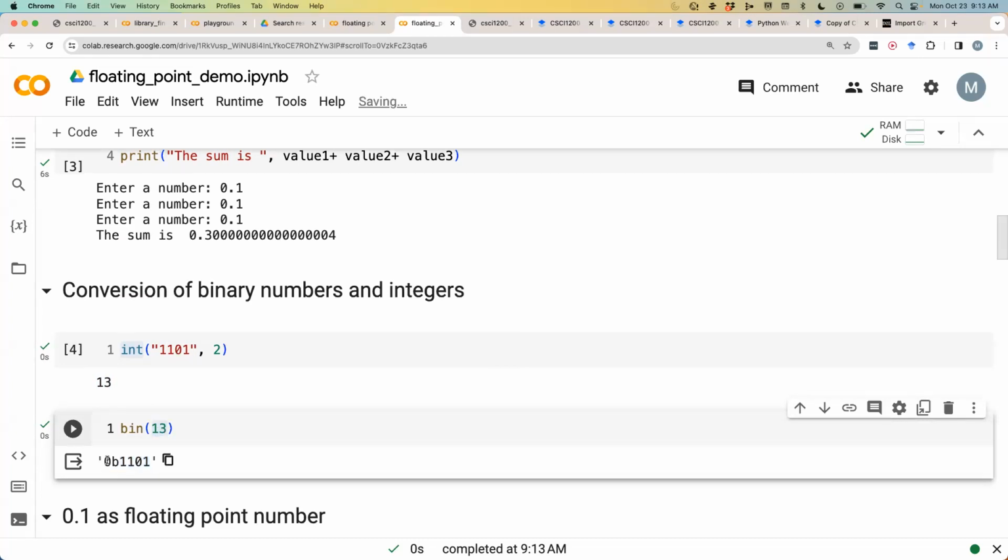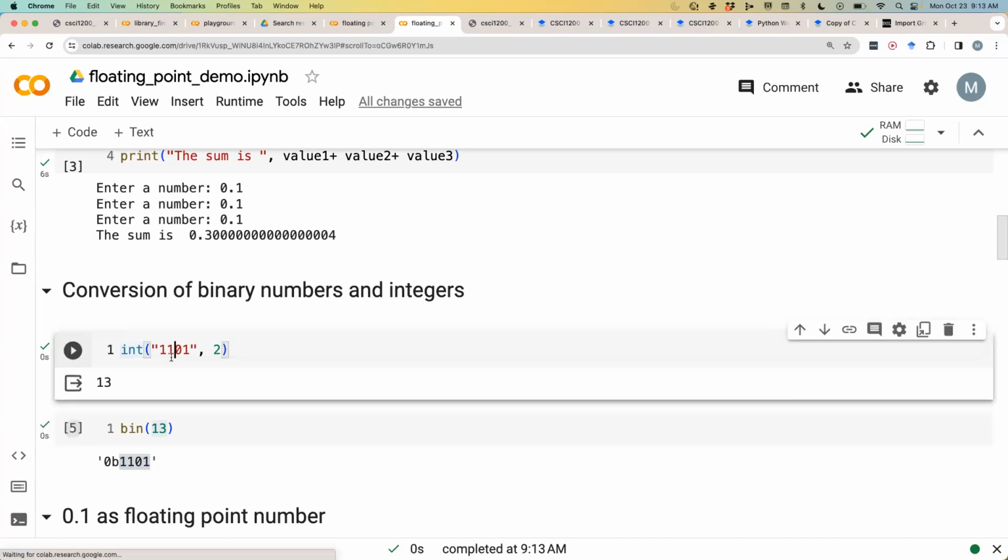It has a prefix 0b, so you ignore these two characters. The rest will be the base 2 representation. This is how the computer stores it. So the integer 13 is stored as 1101 in our computer. And if you want to convert a binary string to its integer, you use int with the string, say that this is a base 2 string, and convert it into an int.